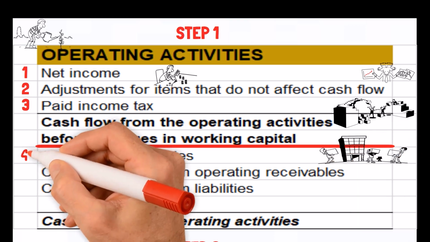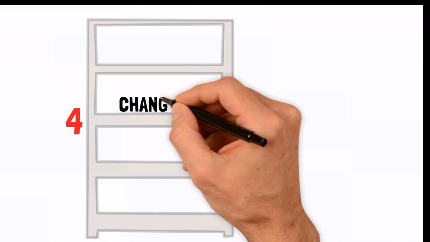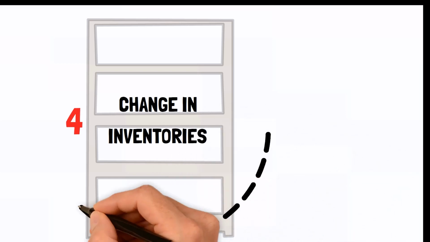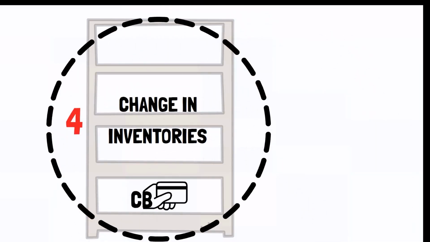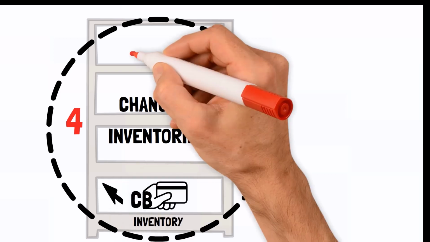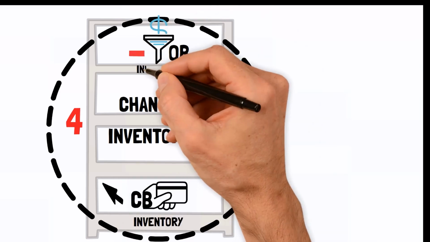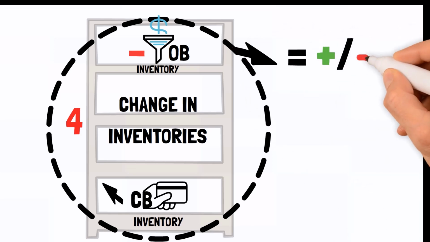The fourth part to calculate within the operational cash flow and the first within changes in working capital is change in inventories. The calculation is relatively simple, and the change is calculated by first adding the closing inventory balance and then subtracting the opening inventory balance.